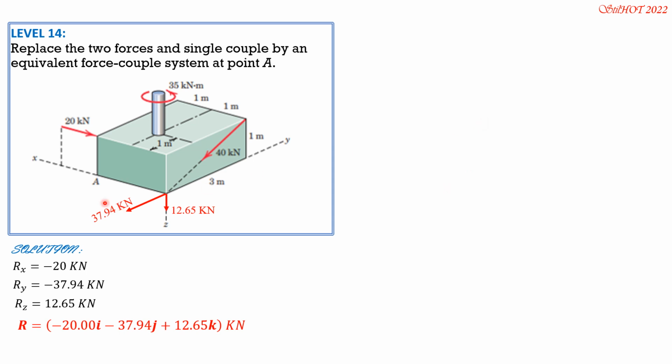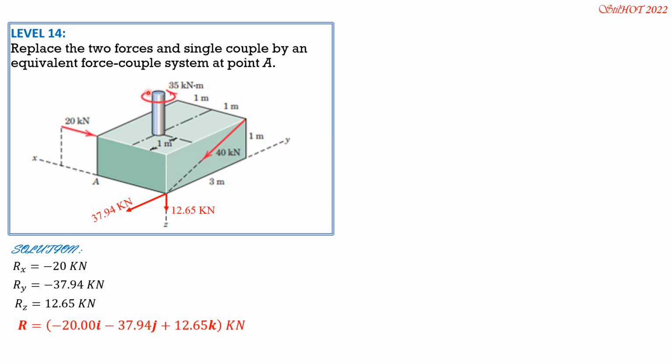Now that's the force at A. Now for the moment, let's evaluate MAX, MAY, and MAZ. So MAX is this axis here. Since the 40 kilonewton force passes through the x-axis through A, it produces no moment, and 20 is parallel to this 35.